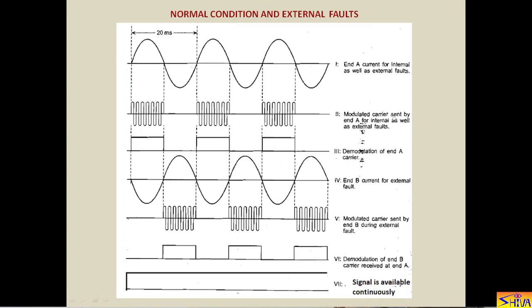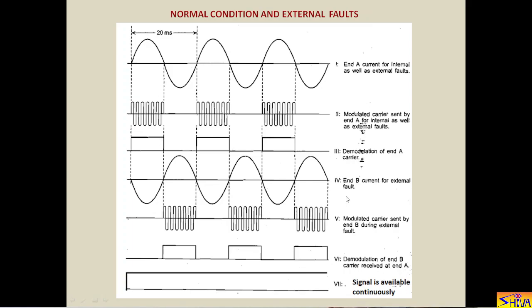These modulated carrier signals are present at end A as well as transmitted to end B. Now at end B as well as at end A, these signals are demodulated. After demodulation, we get this positive half cycle, that is a rectangular wave, and you can see this rectangular wave is present during the positive half cycle only.